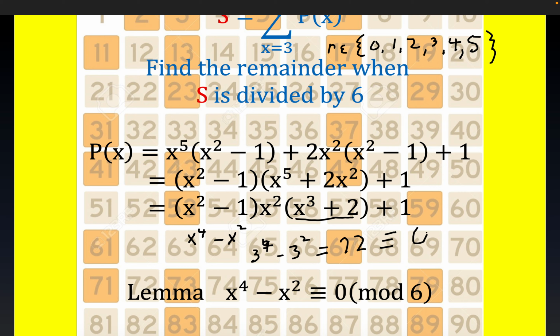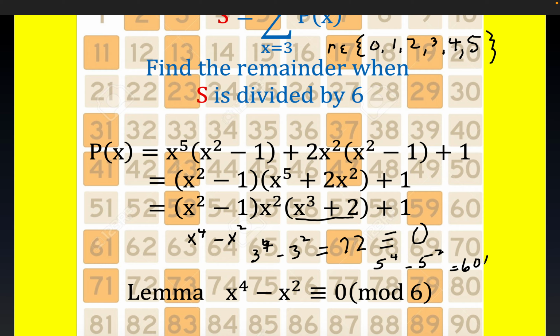I'll do a few more for you. I'll skip 4, you can do 5. 5 to the 4th is the last remainder we have to check. 5 to the 4th minus 5 squared is equal to 600, which is manifestly divisible by 6.